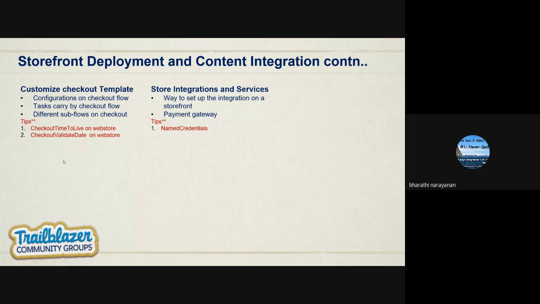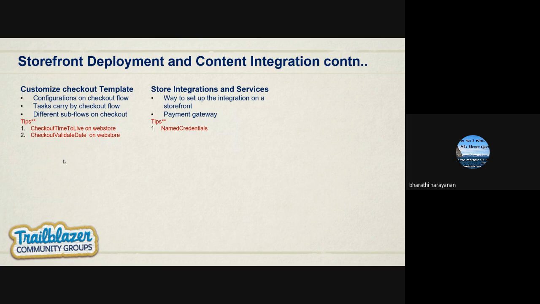The next one is checkout flows, the activation section. If you are ordering some product, at that time you may navigate to different windows, process something, and then come back to the storefront page.